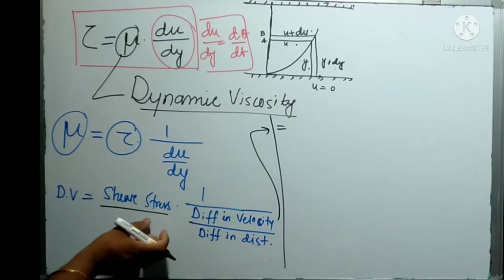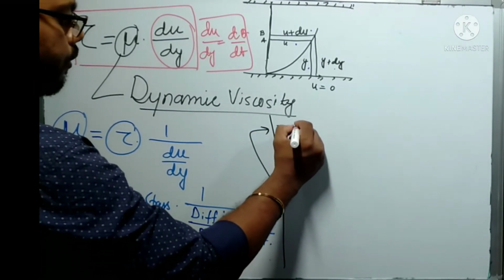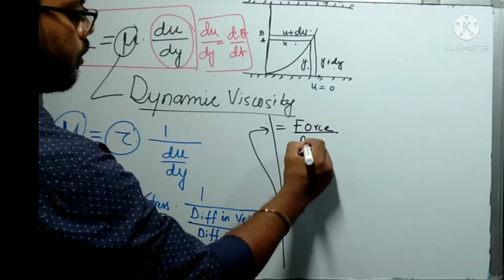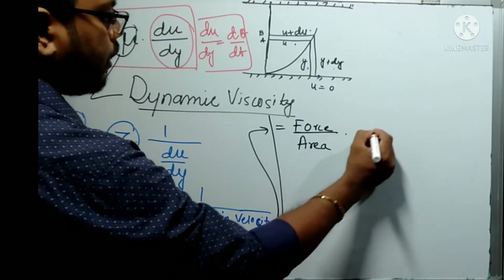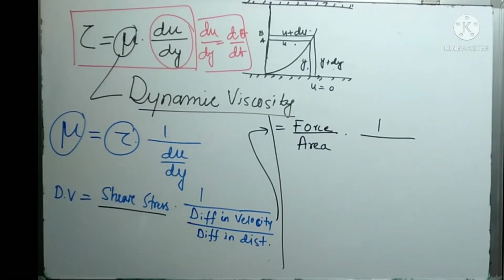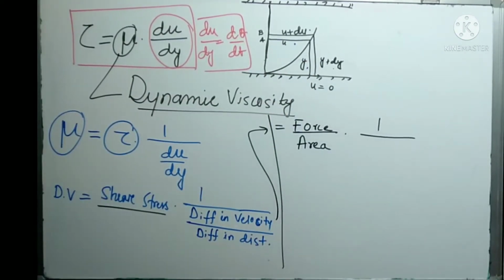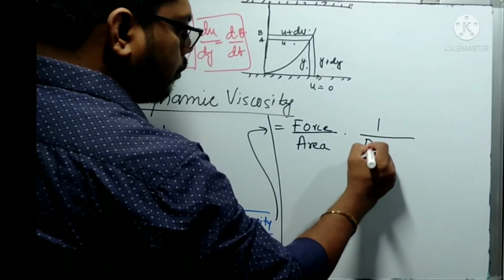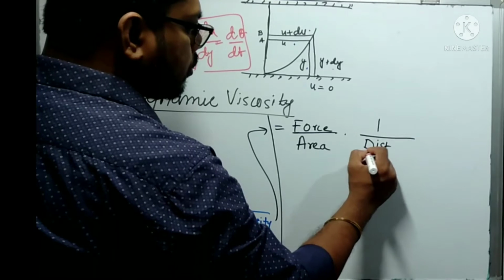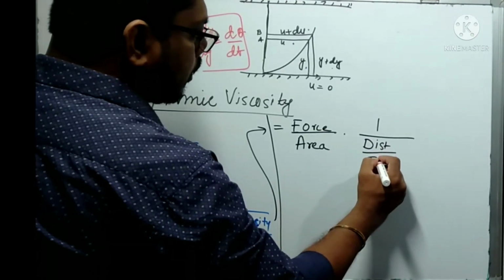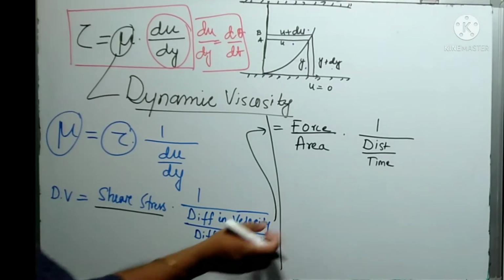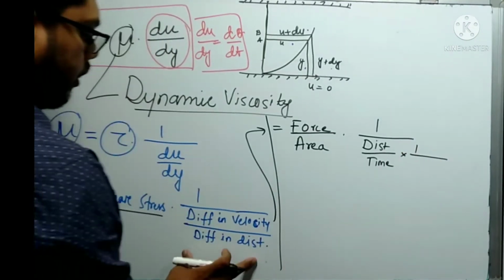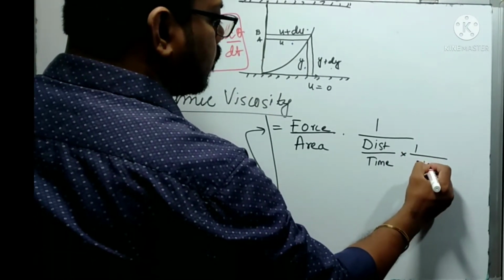Now, difference in velocity means distance per time, so we can write distance upon time, that is the unit of velocity, and difference in distance means distance.